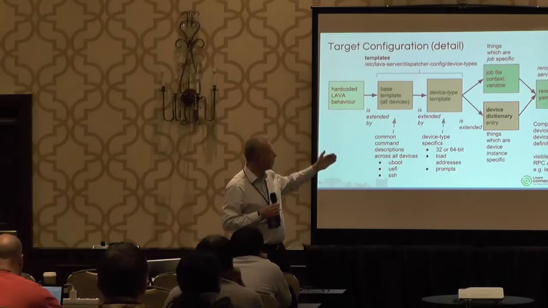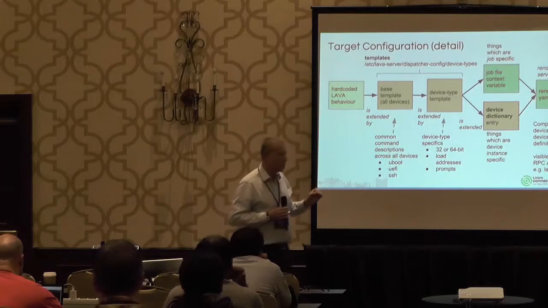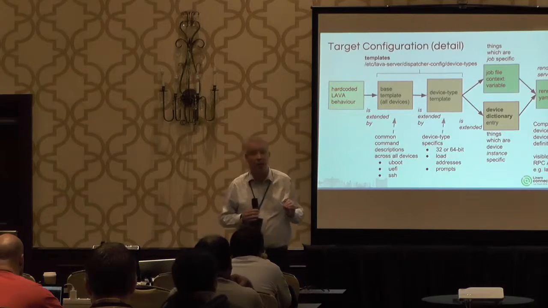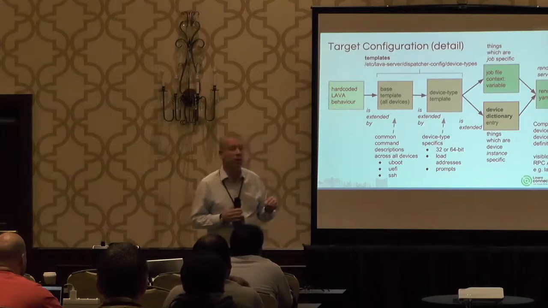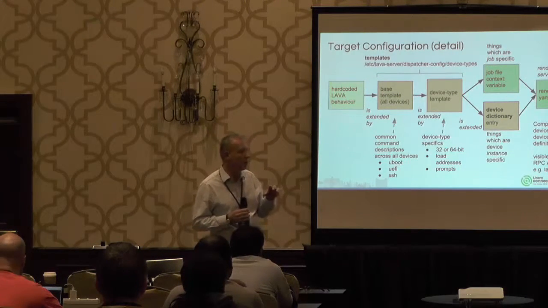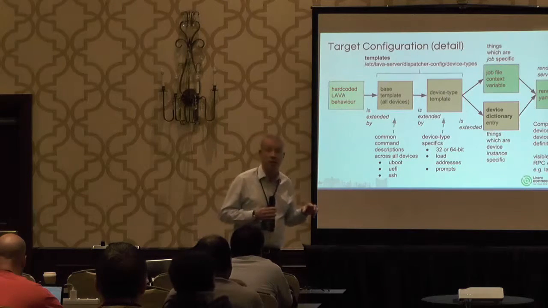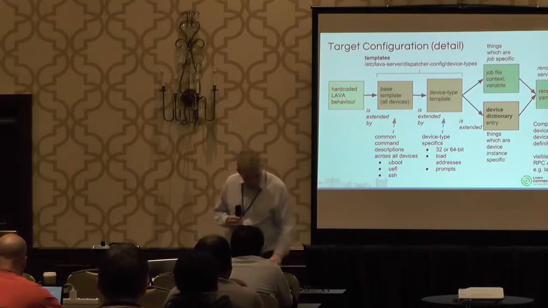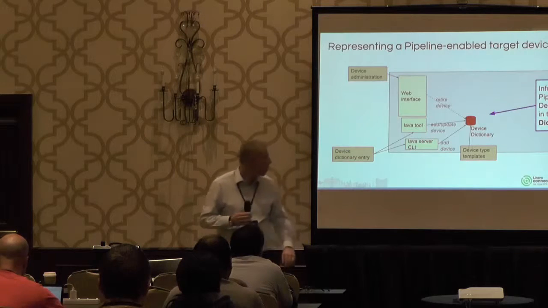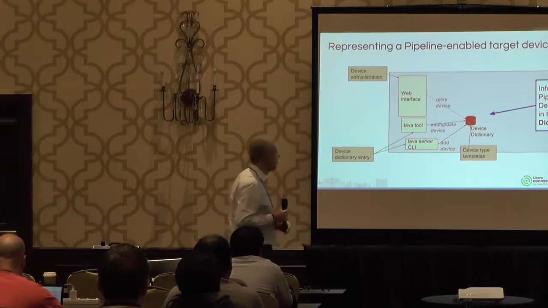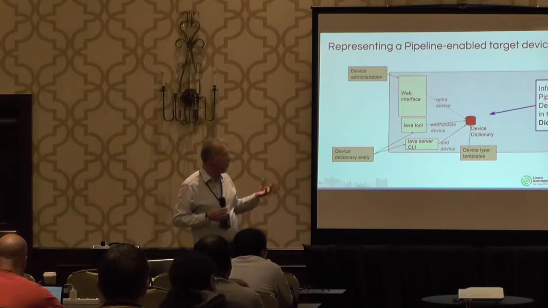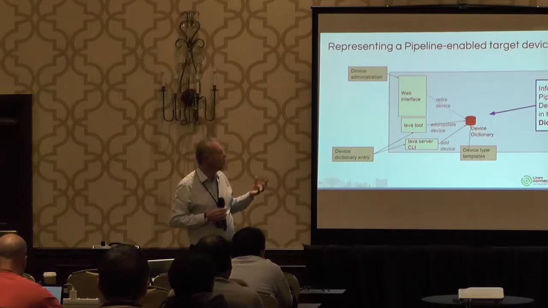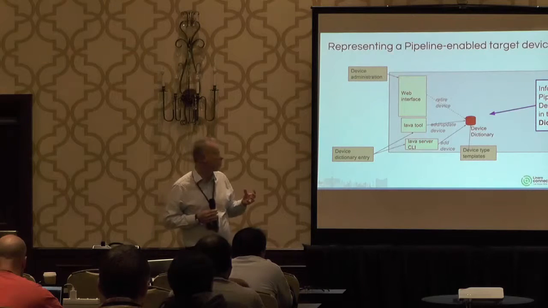Individual devices are not represented as configuration files, they're represented as entries in a device dictionary. So there's an internal storage representation of instances of devices. The device dictionary is a list of dictionary pairs specifying information on individual device instances.